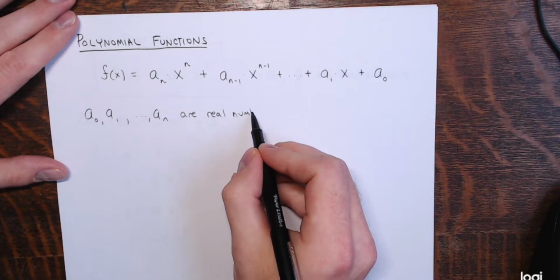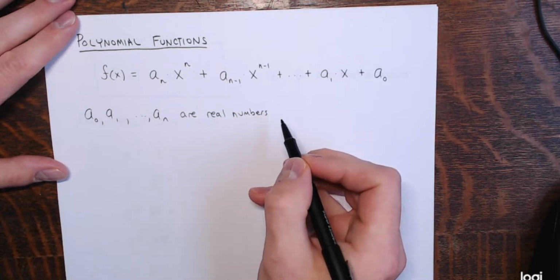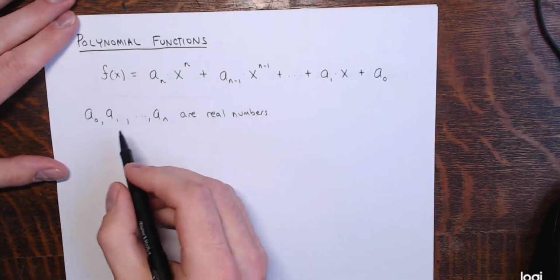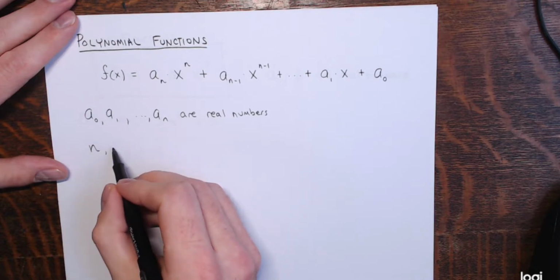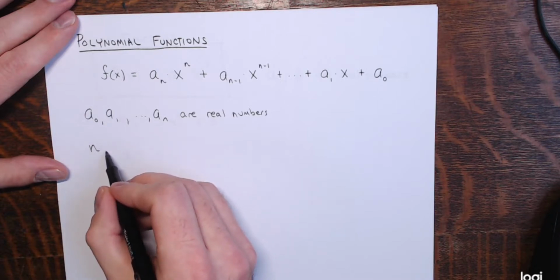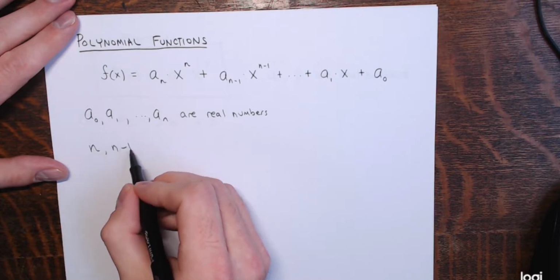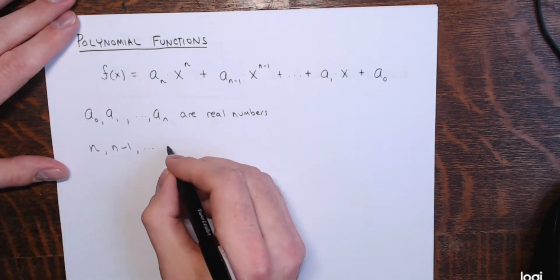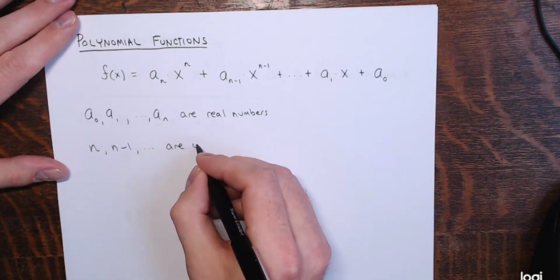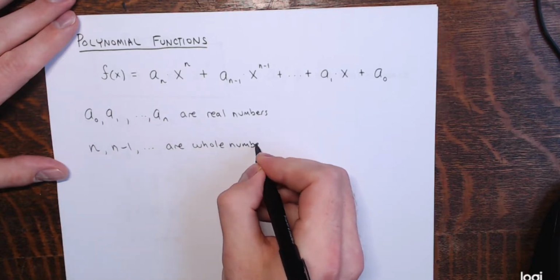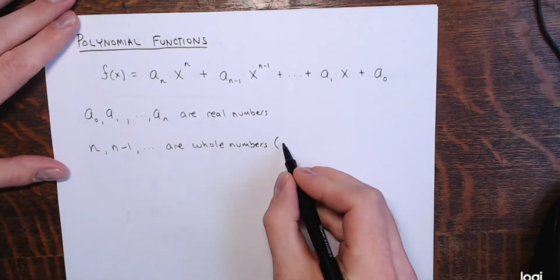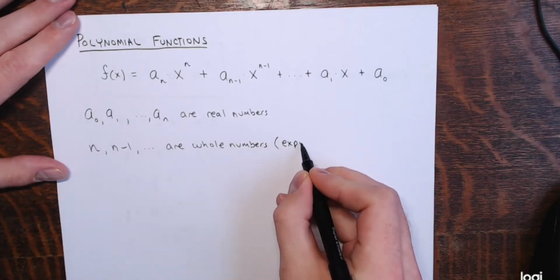I'll just say real numbers. And n, basically all the powers, n minus 1 and so on, are whole numbers. Alright, so again, exponents are whole numbers.